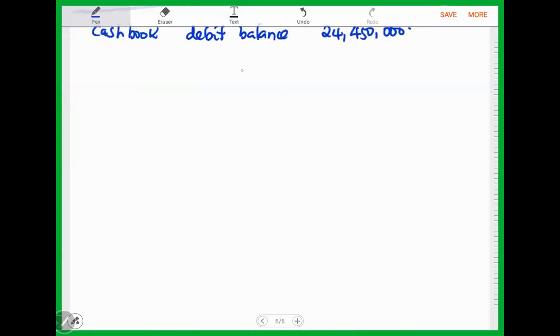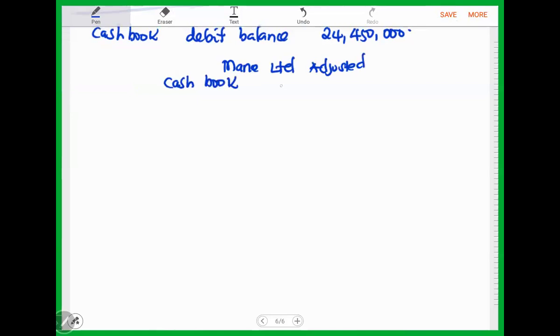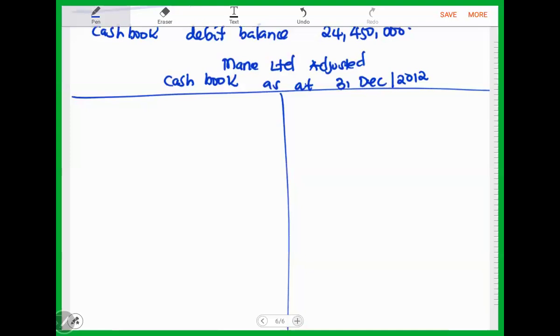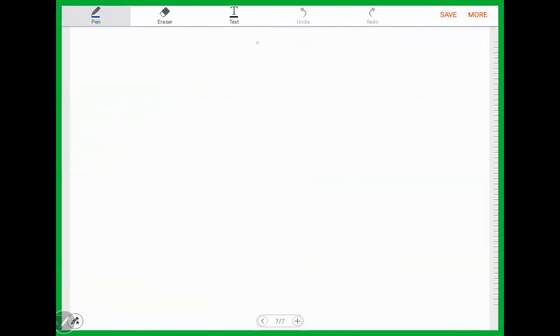So I'll come here and say Money Limited adjusted cash book. And then we can have Money Limited.